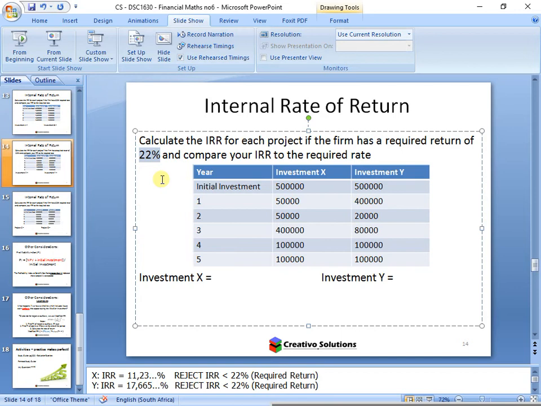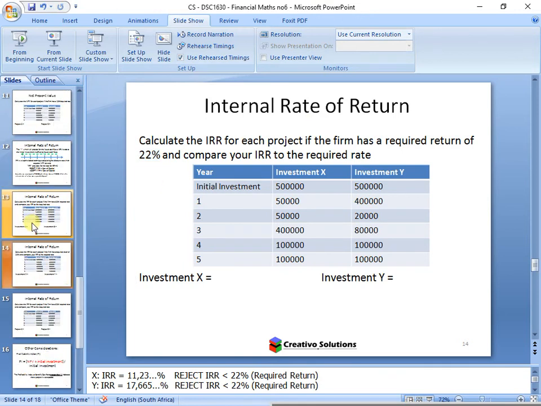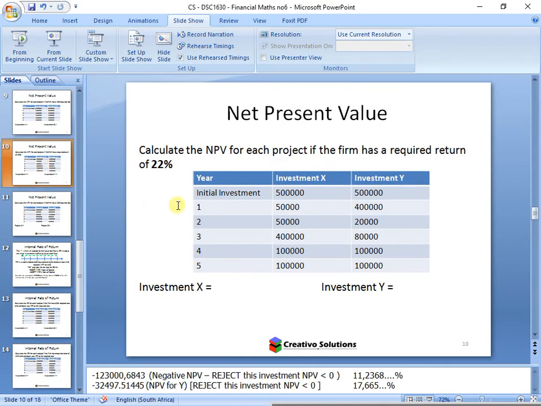That's the right answer. Let's come back a few slides and look at this. Earlier we did a working for X and Y, and we said we would reject because NPV was negative for both.